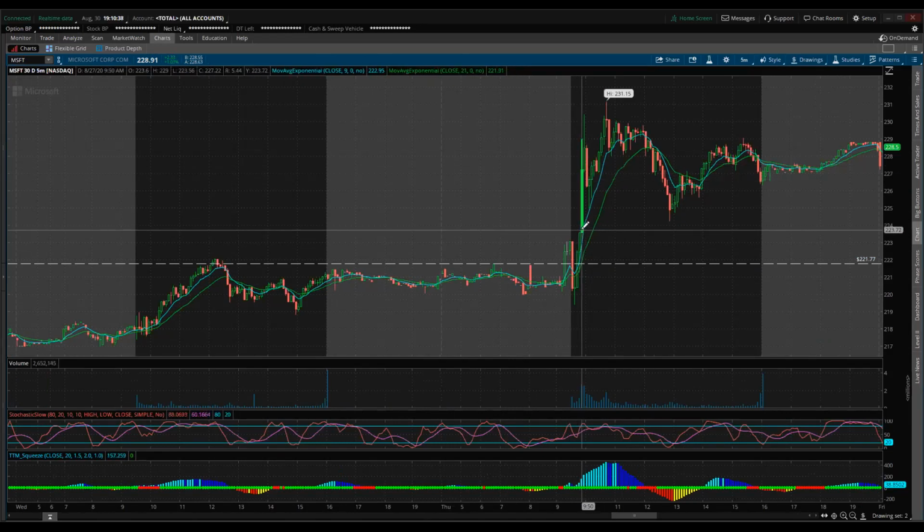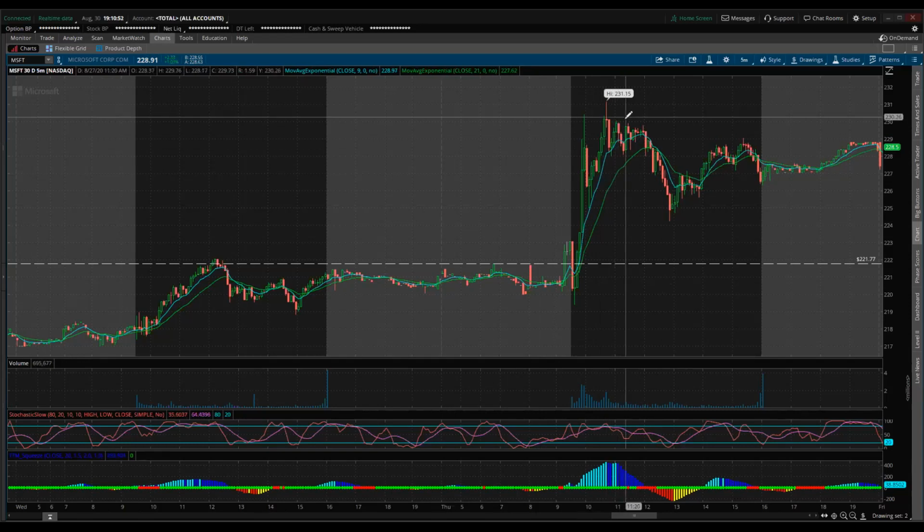Then it shot up from 223 to 230. Actually, Fab called this one out. Me and Fab were in this. And look at how it rode the 9 up until the highs of the day. The blue line is the 9 EMA.